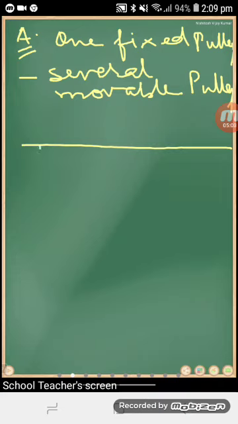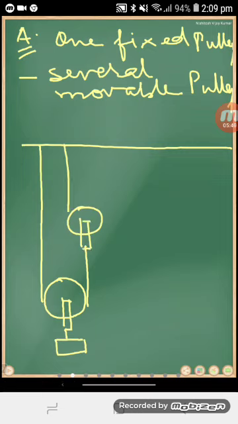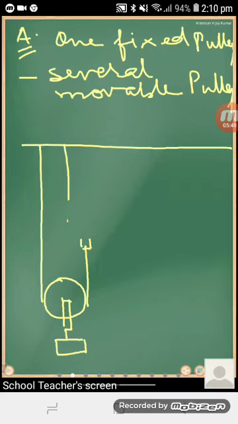So here we have one pulley, which is a movable pulley. This is another pulley. I need to draw it a bit down. So I'm rubbing it.